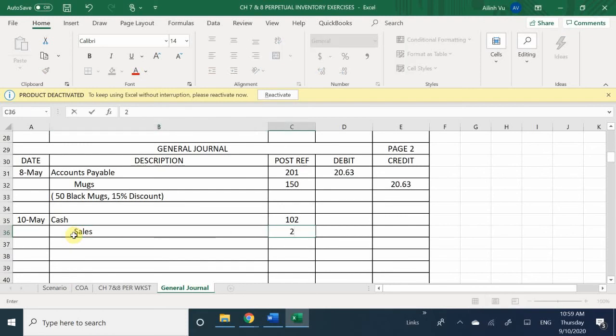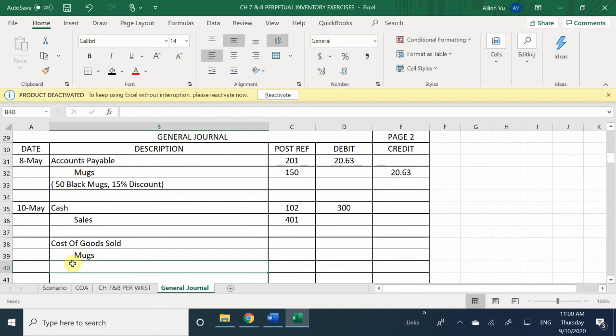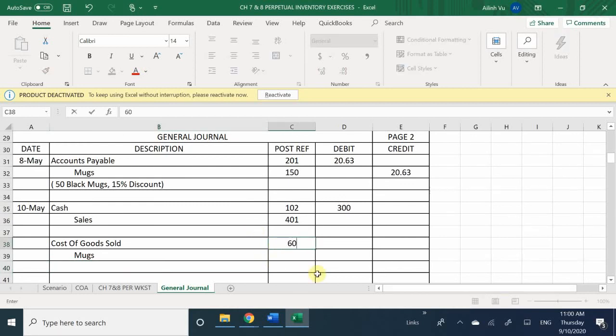And then also cost of goods sold, and mugs. I've already solved this: I sold 30 mugs at $10 each. $300 should be your answer here.